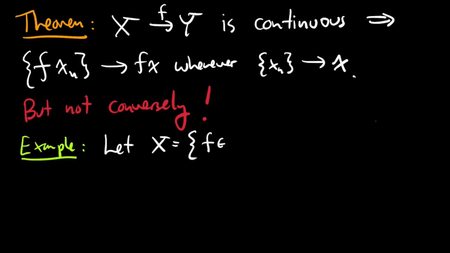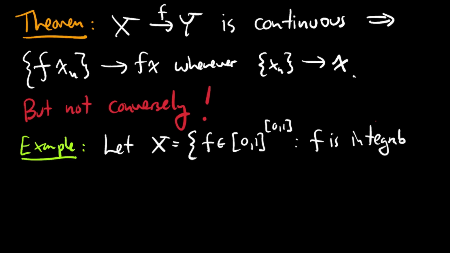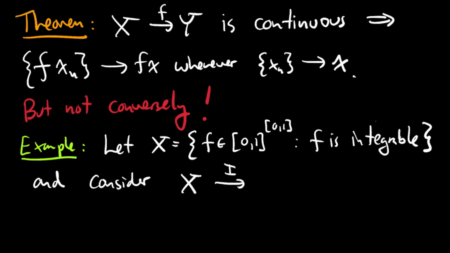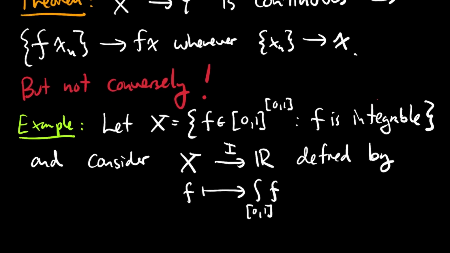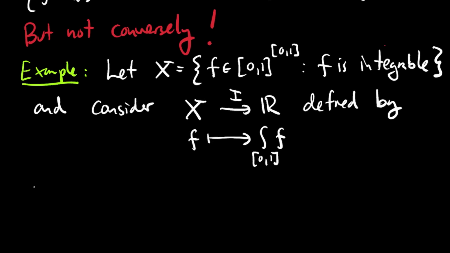So for example, let X be the set of functions from [0,1] to [0,1] with the product topology, look at the subspace consisting of integrable functions, and consider the function from X to R defined by integrating over the interval.